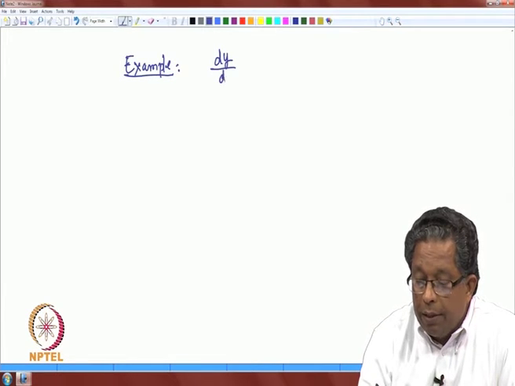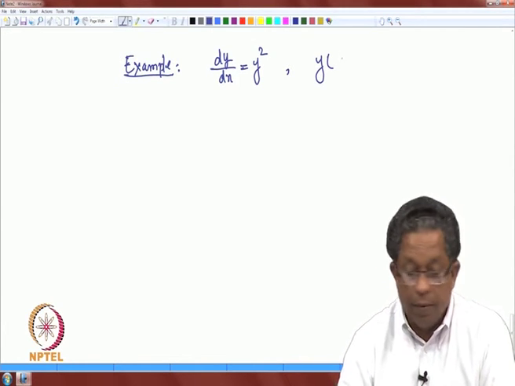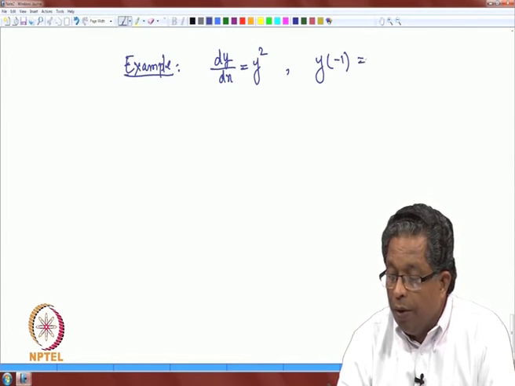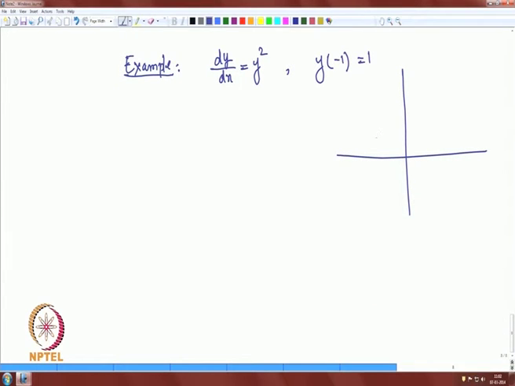So, dy by dx is equal to y square, the same example. At this time the initial condition is y at minus 1 is 1.